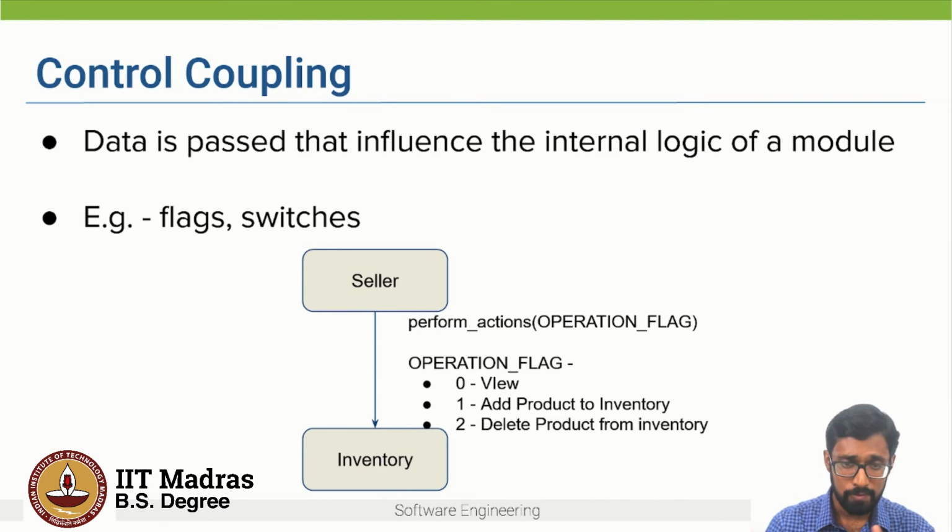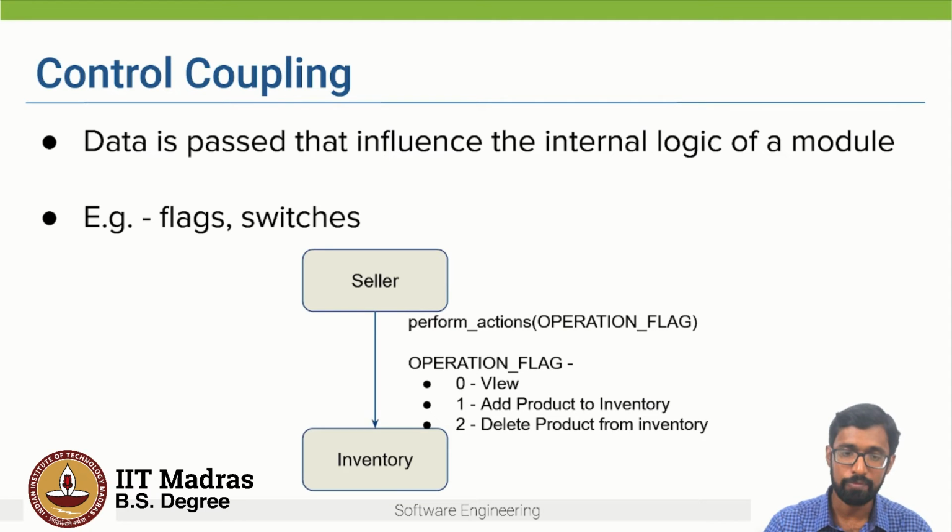Now in this figure, we see that the seller module has a function known as perform actions, which takes a flag. And based on the value of the flag, the appropriate function in the inventory module is called, right? The seller module passes a variable operation flag, which can take values 0, 1, and 2, for example.